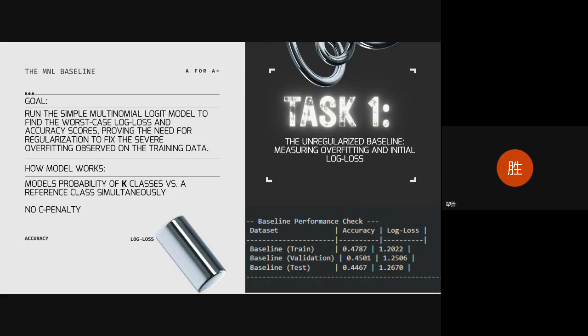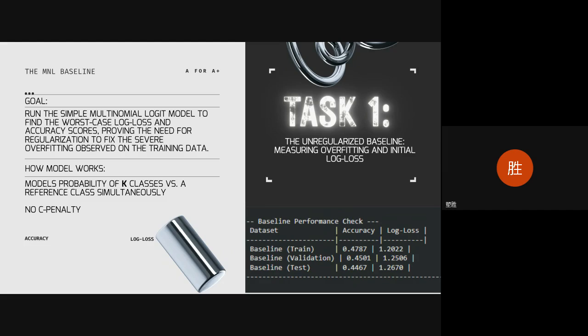So we started with the unregularized multinomial logit as our performance floor. It models the chance of choosing one category, like excellent, versus a reference category. In my case, I chose poor in every case. And how this exact model works is it doesn't have a C penalty. Like it has, but it's very high, like 10 to the 8th.